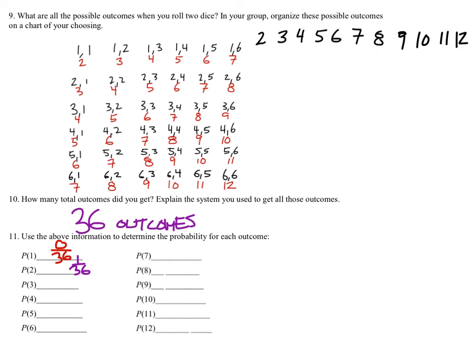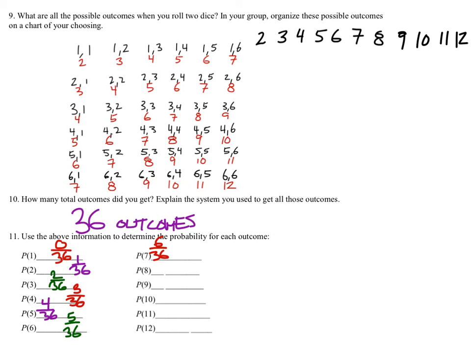How many 3s are there? 2 3s out of 36. How many 4s? 3 out of the 36. 5? 4 out of the 36. 6? 5 out of the 36. 7s? 6 out of 36.